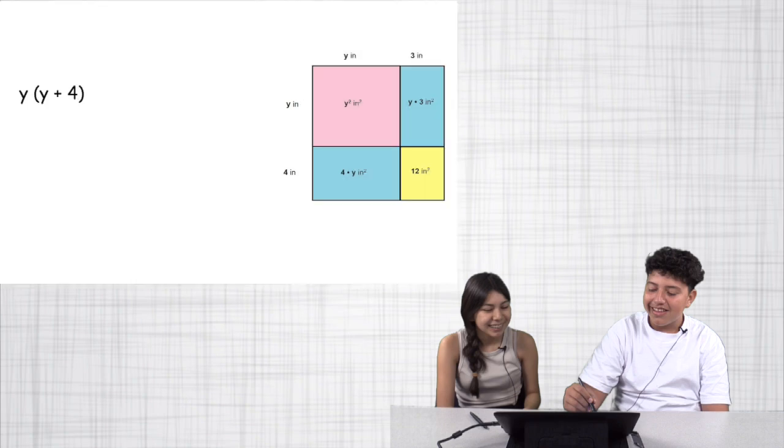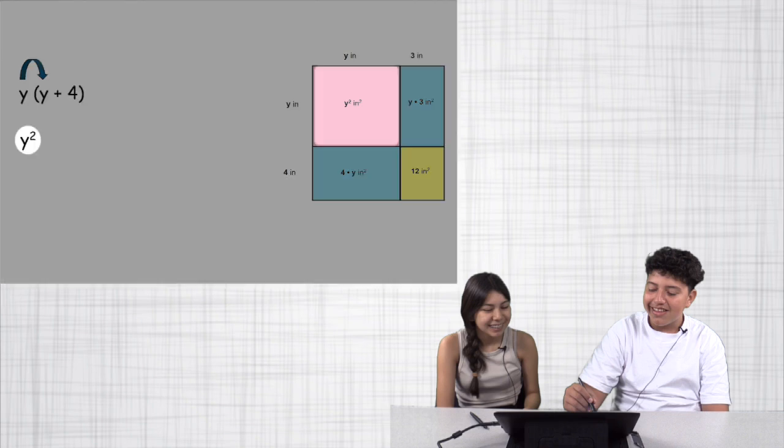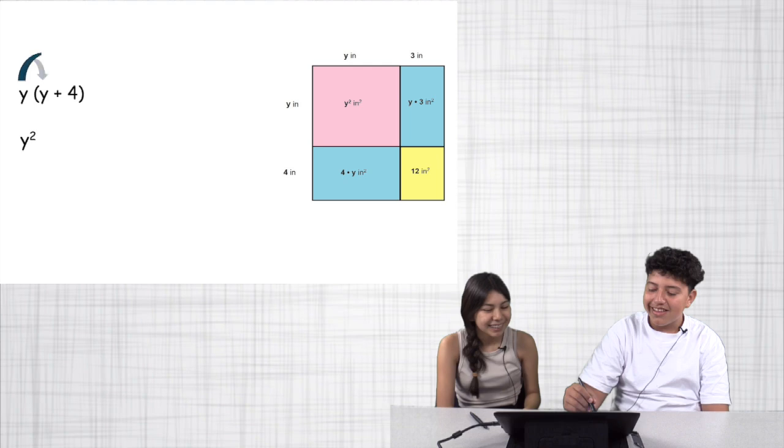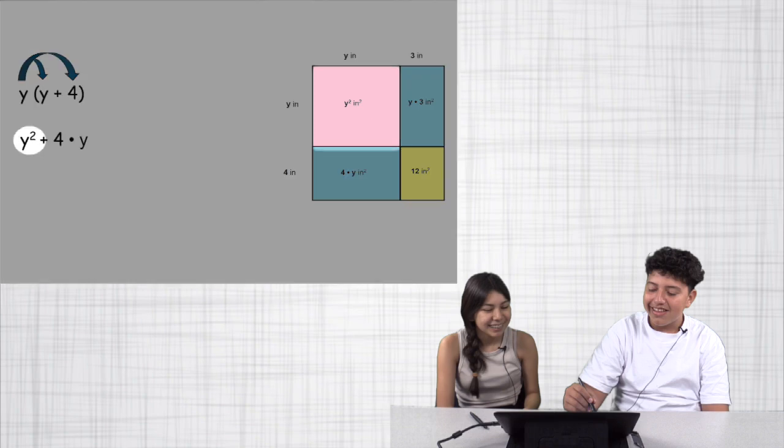But distributing the y only gave them 2 areas. The first was y times y, or y squared inches squared. And the second was y times 4, or 4 times y, inches squared.